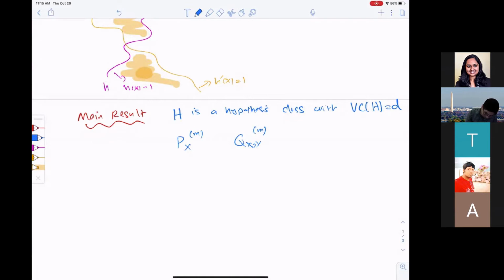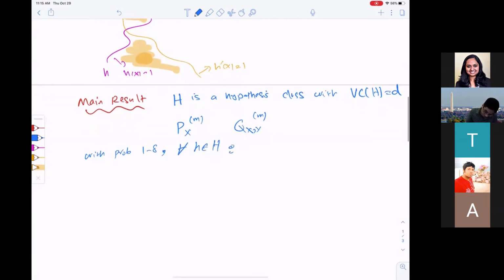Then with high probability, let's say with probability 1 minus delta, for any h in your hypothesis class, you pick any function, we have the following. At the end of the day, as I mentioned, we care about the test error, not test error, target error. So I want to learn a hypothesis that performs well on the target, right?